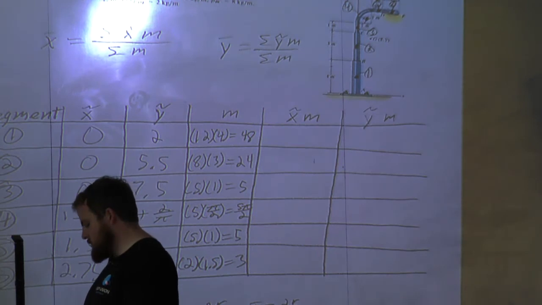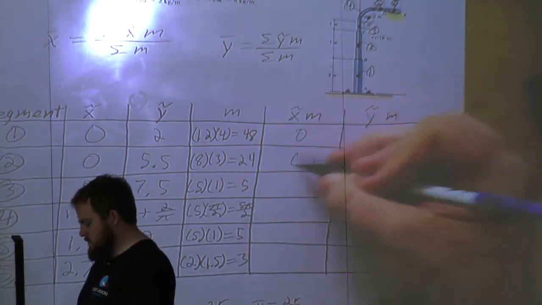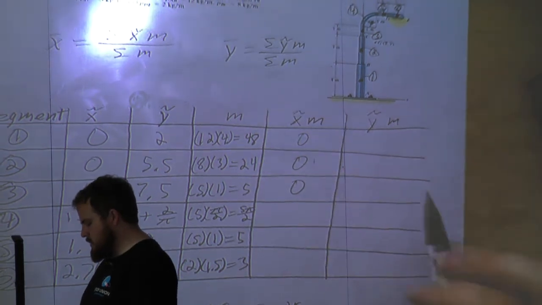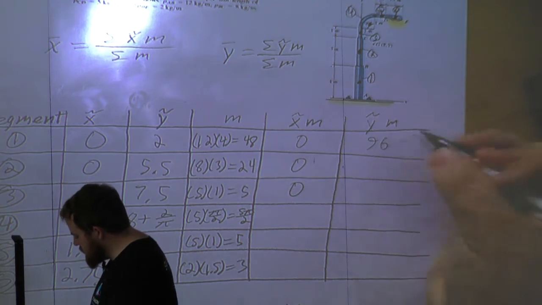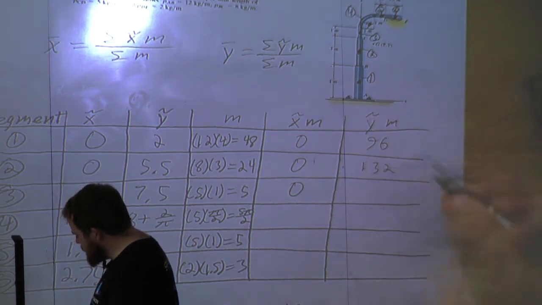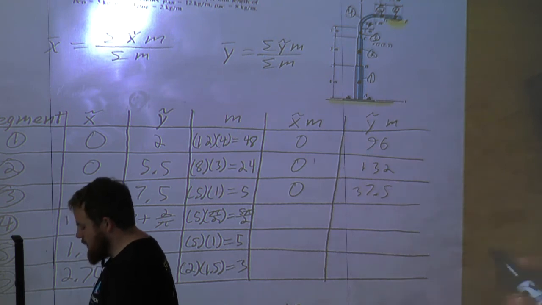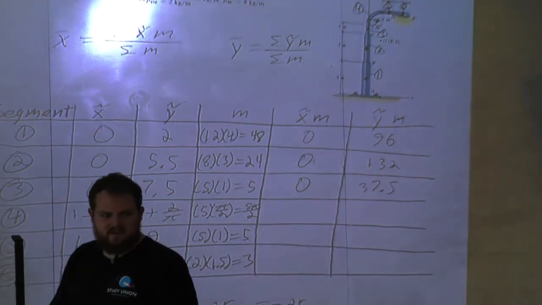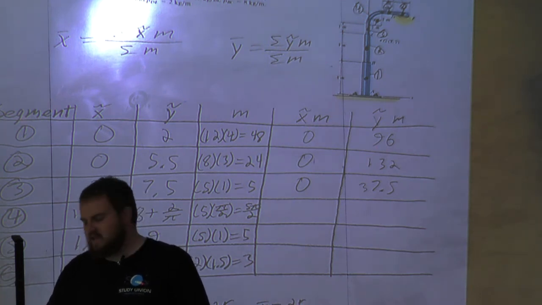Okay, now we can just do x times m. So these three are going to be 0. Y times m, so this is going to be 96, 132, 37.5. Now I kept these in terms of pi. You don't have to. You're going to get a decimal anyway, so you can just make these decimal.